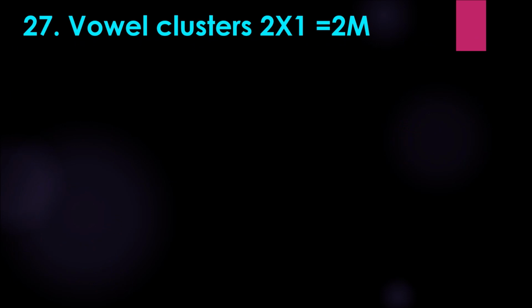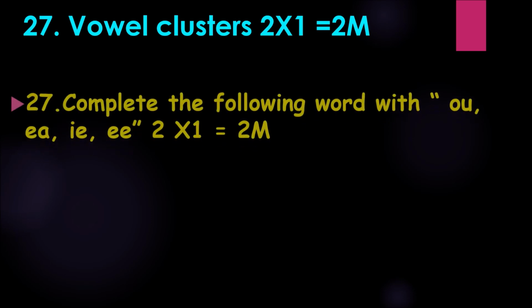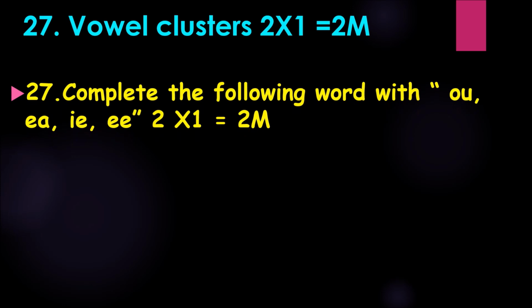Now question number 27 to 29, as I told you, it's all regarding spelling. And for this you have to read only reading A. So complete the following word with OU or EA or IE or EE. These are the vowel clusters.